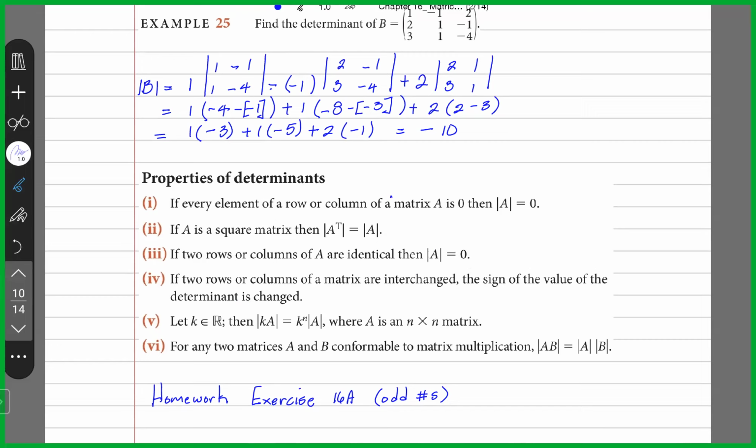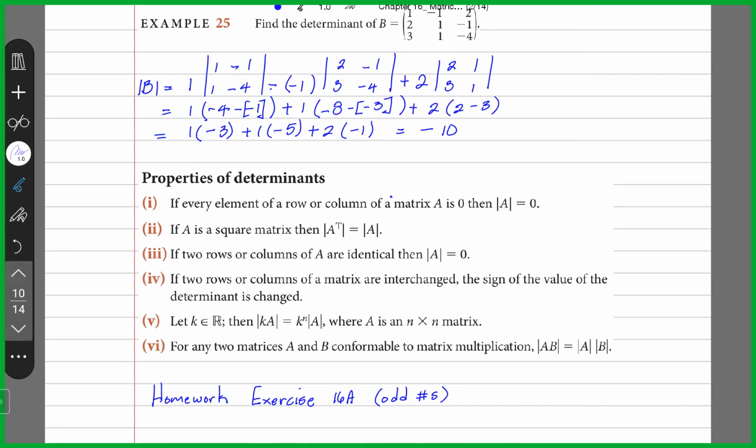So if there is a row or a column in which all the elements are 0, the determinant is going to be 0. Now, if A is a square matrix, the determinant of the transpose is equal to the determinant of A.